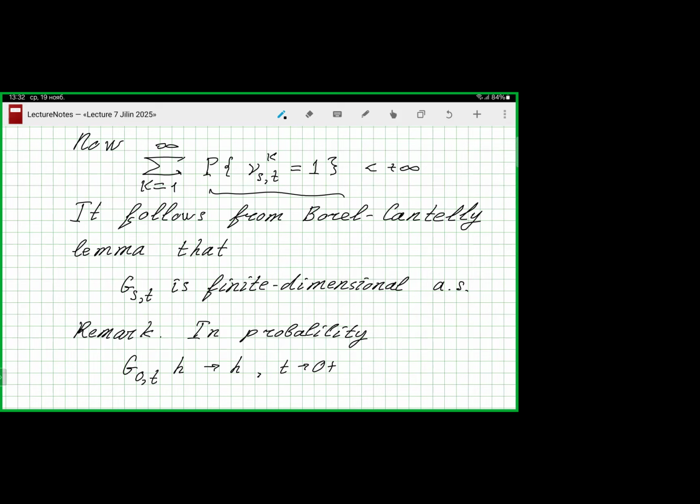But we have another statement from Borel-Cantelli lemma, which shows if that series diverge and we have independent random events, then they occur infinitely often with probability 1. So we have almost backward statement.